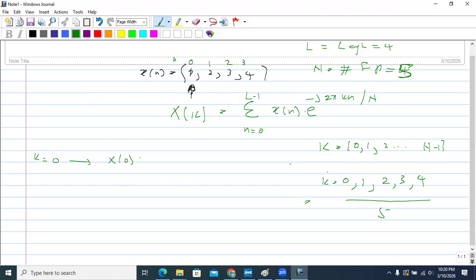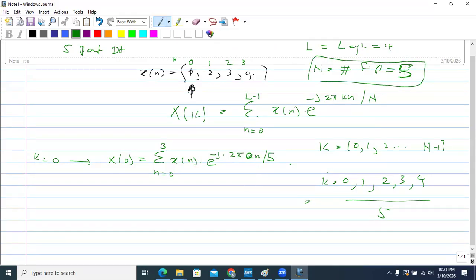For example, if you select k equal to 0, that is the zeroth frequency sample, capital X0. So that will be sigma n from 0 to L minus 1, where L is the length of the sequence, 1, 2, 3, 4, so it will be 3. x(n) e to the power minus j 2π k n divided by N. Now k is 0, and the capital N is 5, because I consider the 5-point DFT, so there should be 5 frequency samples.